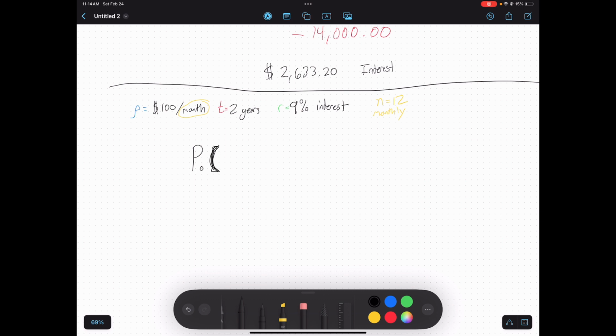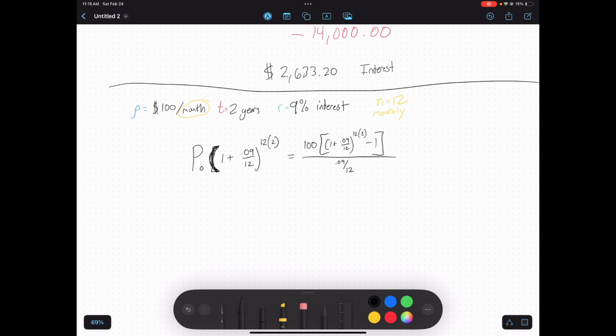So, parentheses, 1 plus 0.09 divided by 12, raised to the 12 times 2, equals. I do know my monthly payment amount, so I'm going to plug that in for lowercase p. 100 times 1 plus 0.09 over 12 raised to the 12 times 2 power, minus 1, all over 0.09 divided by 12.